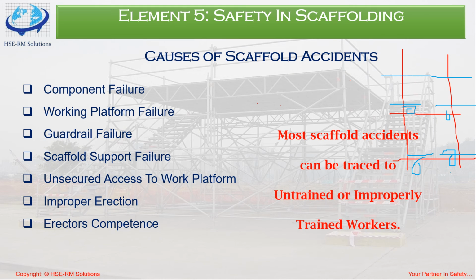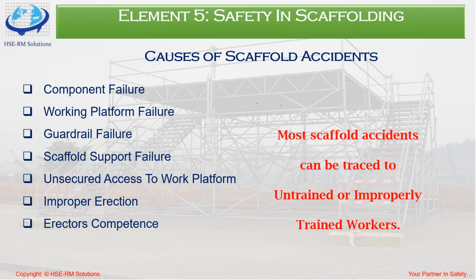Now for heights of scaffold, it's much more critical. So you have to make sure you keep on building the scaffold like that. Always make sure that you knit the work platform and then tie the structure. And then improper erection. So you have to understand improper erection. This is the biggest cause.